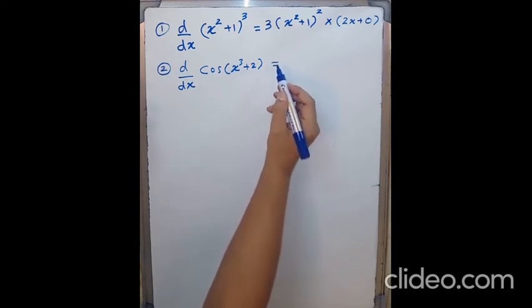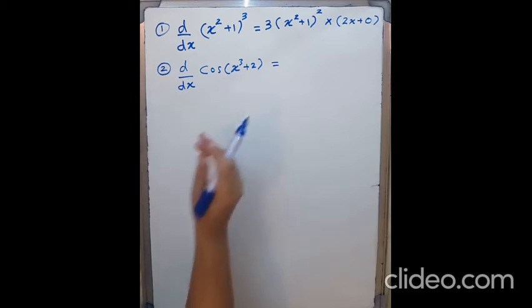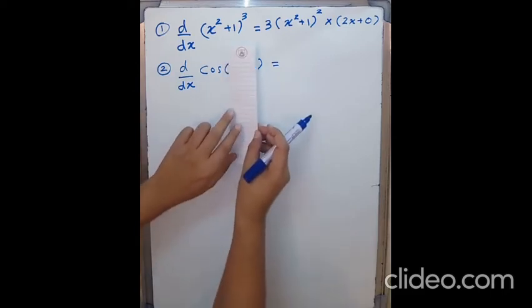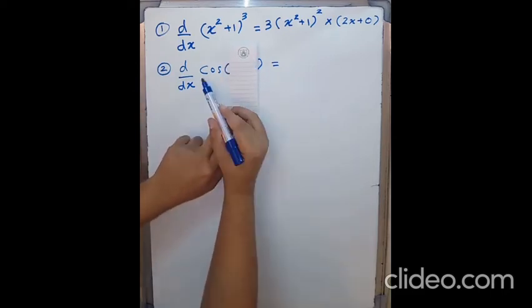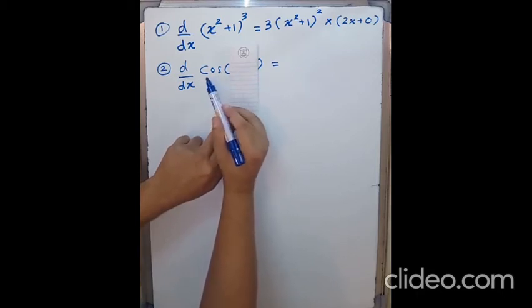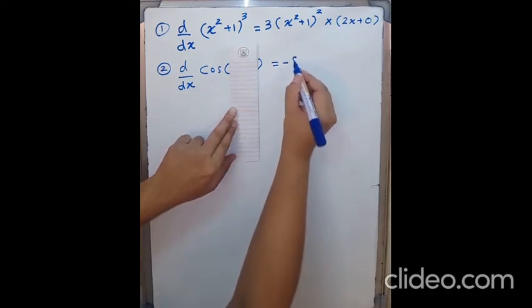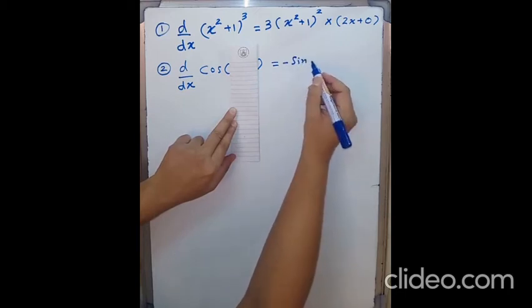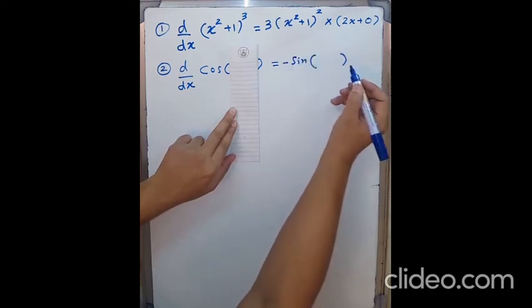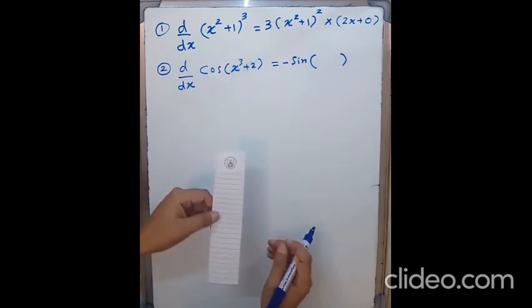So in this case, my t will be x cube plus 2. So using our paper, we will hide x cube plus 2. So in my mind, we have cosine t. Derivative of cosine t will be minus sine t, and our t is x cube plus 2.